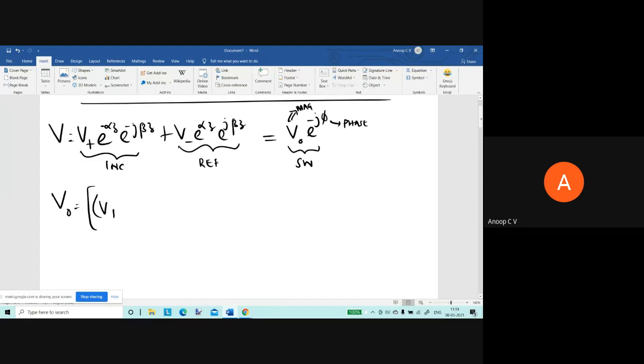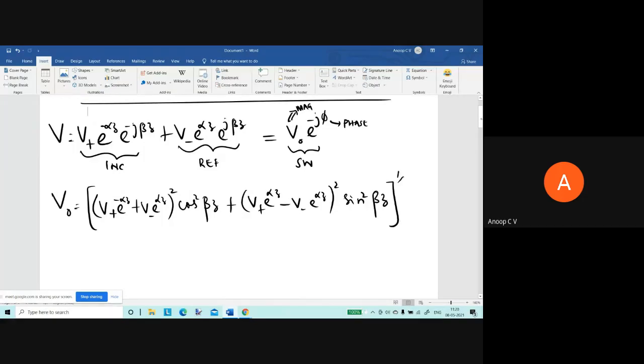V naught is the square root of [V plus e power minus alpha z plus V minus e power alpha z] squared times cos square beta z plus [V plus e power alpha z minus V minus e power alpha z] the whole squared times sine square beta z, to the power half, right?